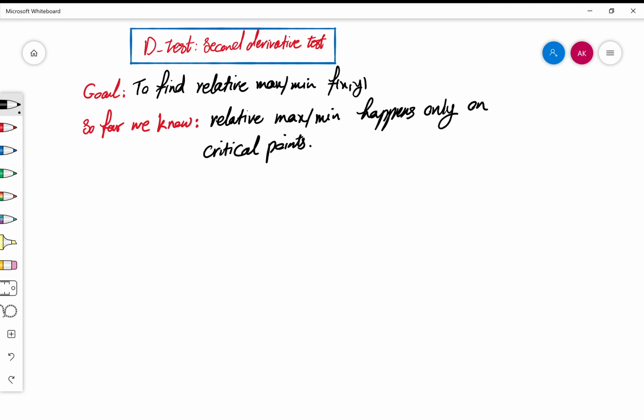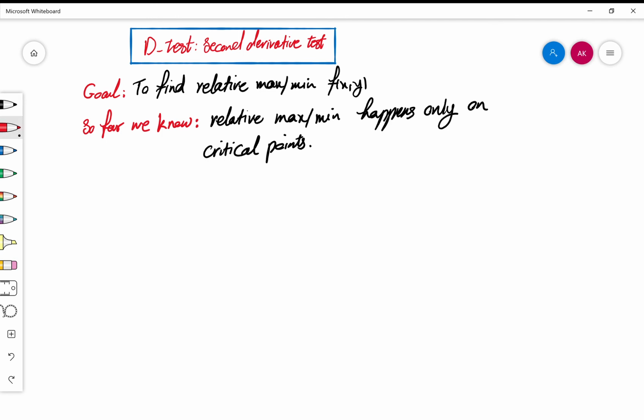So we know that also. So critical points are important because those will give us the good candidates to check and see which one of them are local min, local max, or maybe neither.